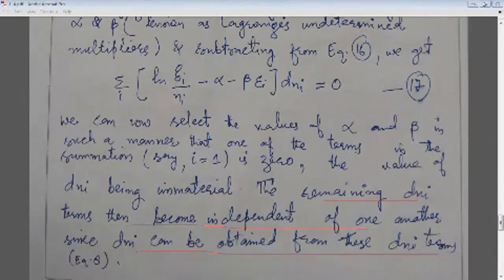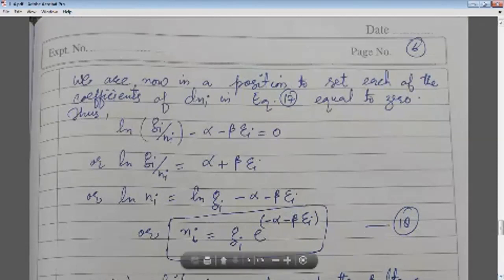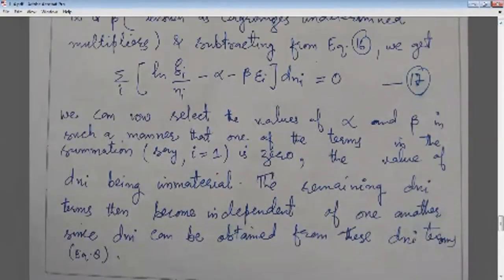If you see equation 8, dni terms are there. So if dni is immaterial, we will take that out. We will take only the coefficient of dni. I will show you the equation again. In equation 17, this will be the coefficient of dni.